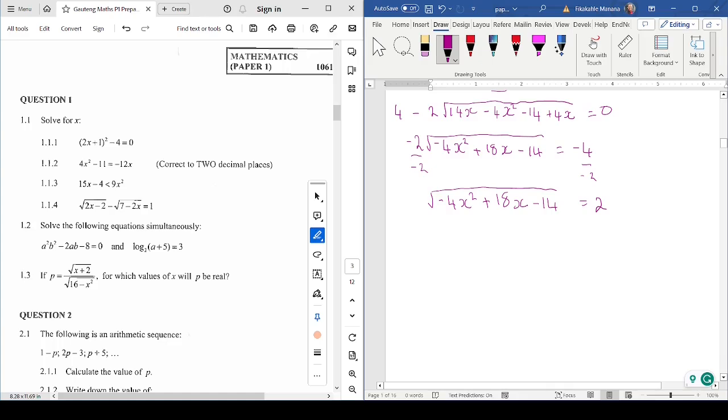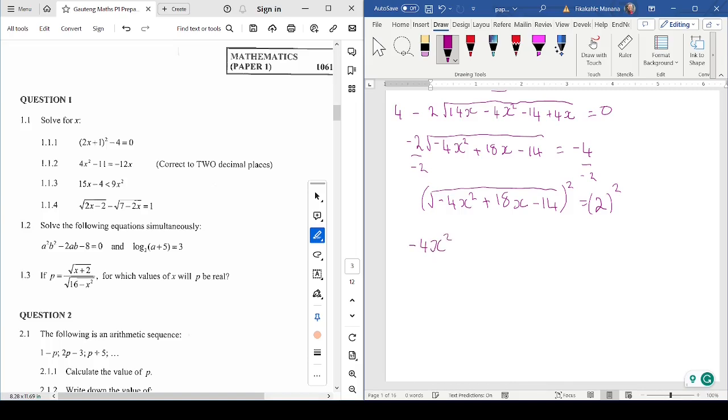Once again, I have a surd on one side and a number on another side, which means I can go ahead with my brackets and square. What I do on one side, I do on the other. And then if I do this, now it just simply gets rid of the square roots. I no longer have 2 square roots, I have 1 square root. So everything just falls off.